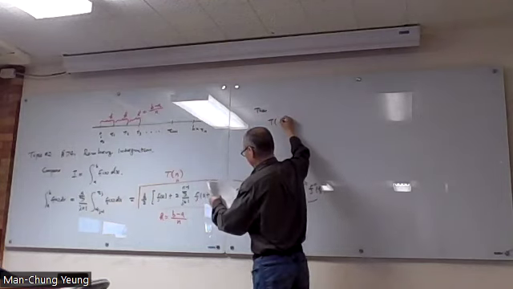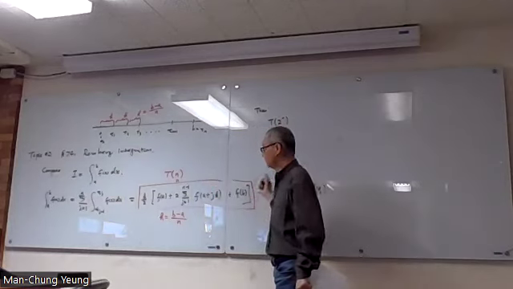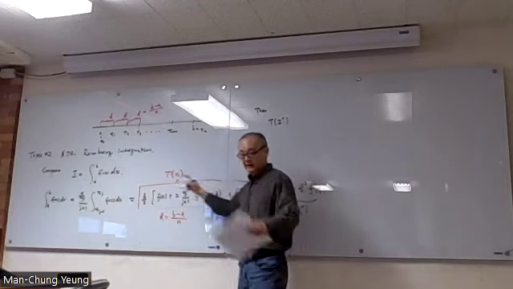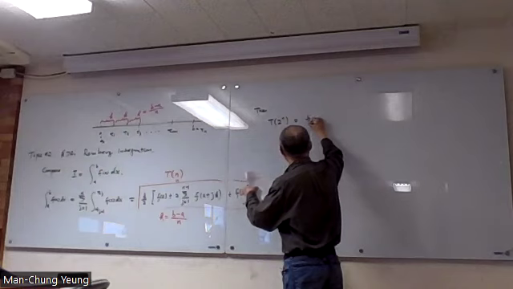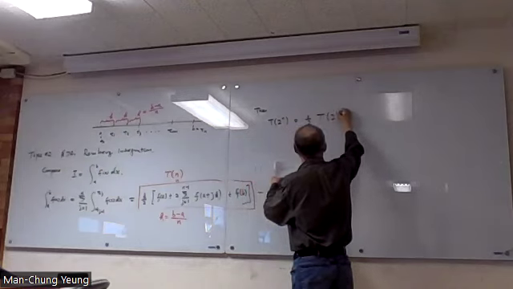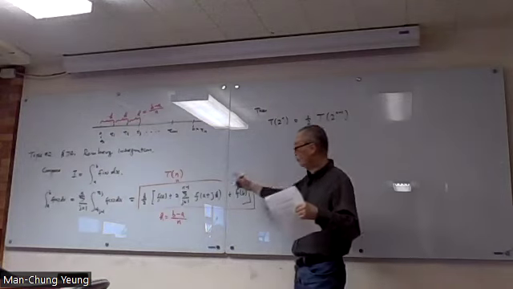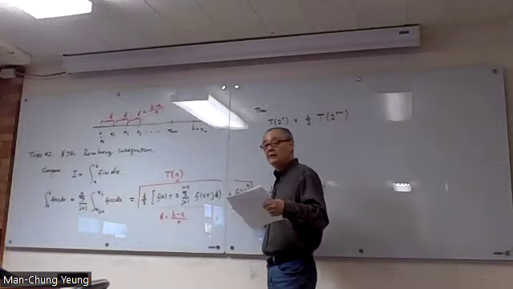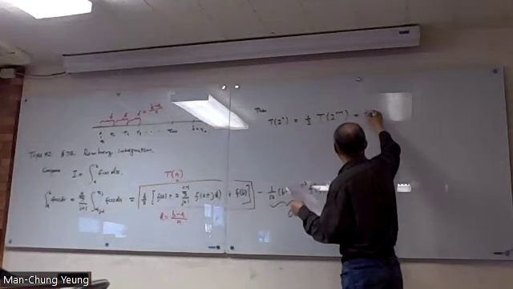Then T_{2n}. What is T_{2n}? Replace n by 2n. It is equal to 1/2 T_n plus h_n times the summation j from 1 to n of f(a plus (2j minus 1) times h_n).